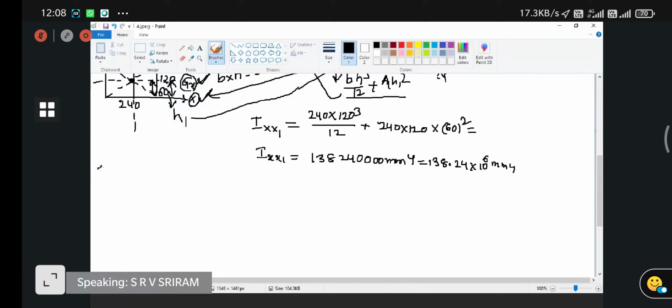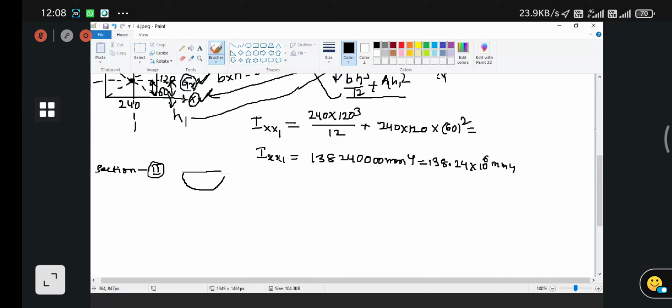So see here, section 2. It is a quarter semicircular section. This semicircular section has the starting and end points as capital A and capital B. The center of the semicircle is here, and the centroid of this particular semicircle will be located here.